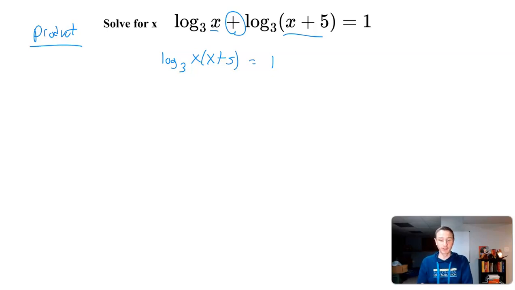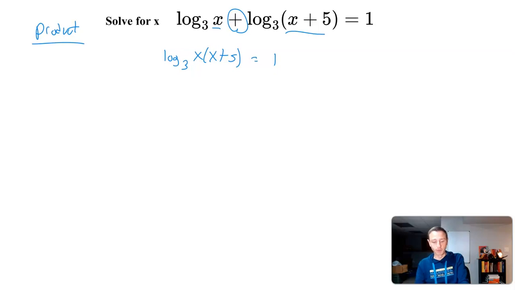The next is just understanding the relationship between logs. When you have the base and it's equal to something and that term on the inside, what does this actually translate to? How do we change this into a way that we could solve for x? Well, what we need to understand now is if I have log base a of x equal to b, the relationship here is that a to the b is equal to x.